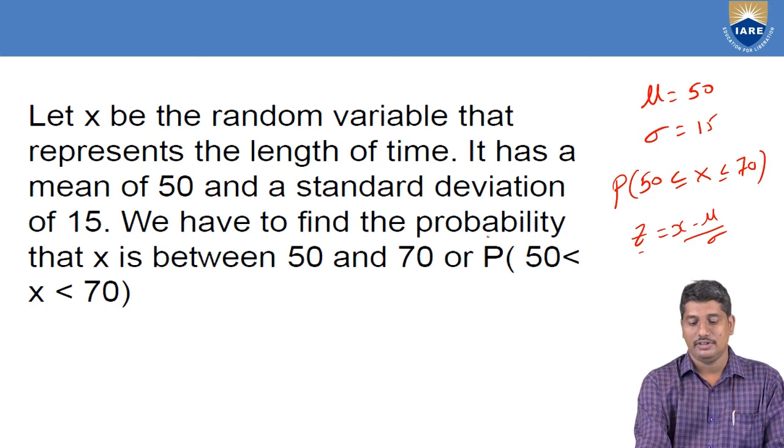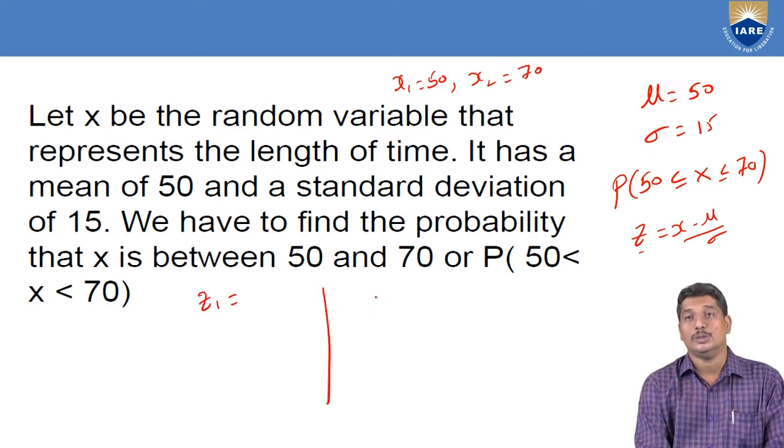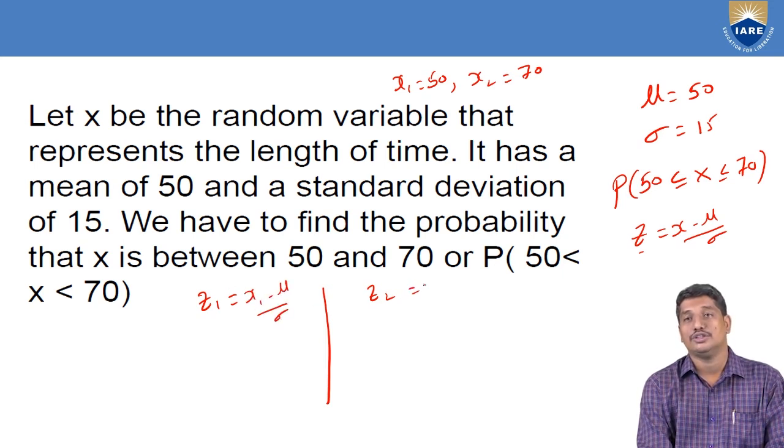Let us take x1 is equal to 50 and x2 is equal to 70. Then we will calculate z1 and z2. Z1 is (x1 minus mu) by sigma, z2 is (x2 minus mu) by sigma.